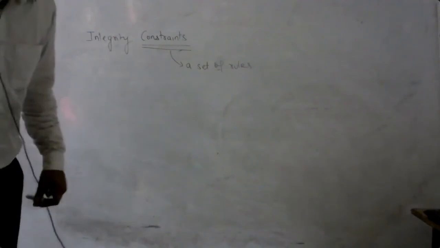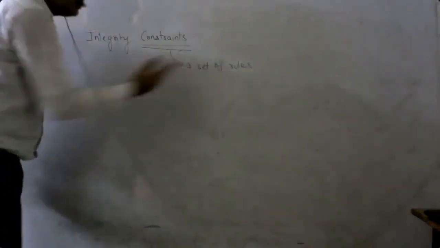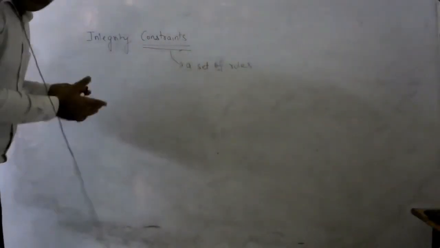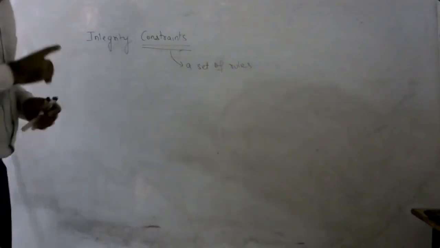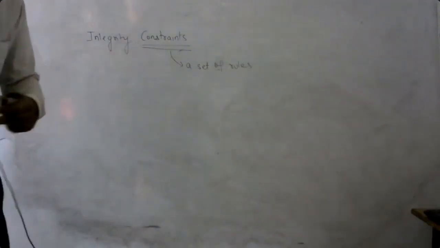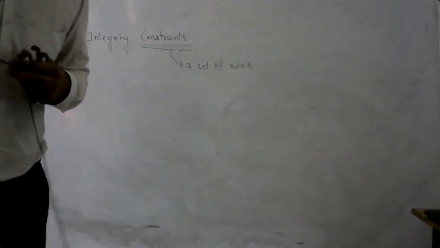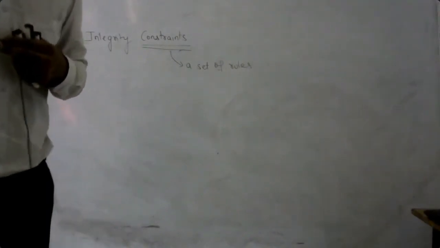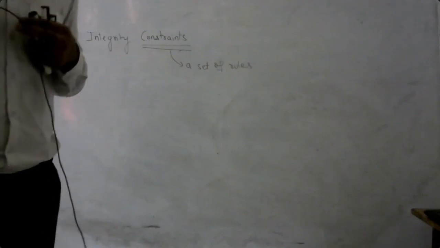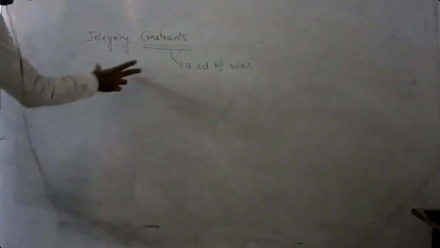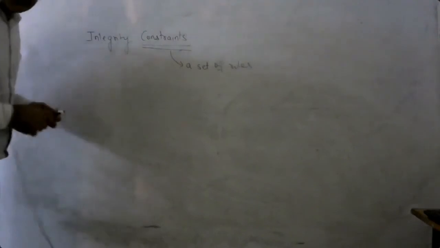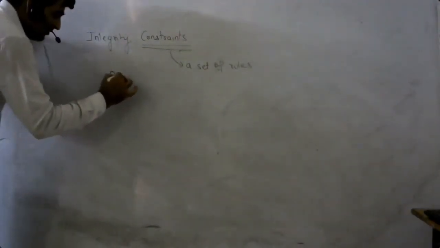So these are some set of rules. If we want the characteristics we have covered, the keys we have talked about, to be followed, there are some set of rules, and those are known as integrity constraints. So the first integrity constraint is the primary key, which we have covered.